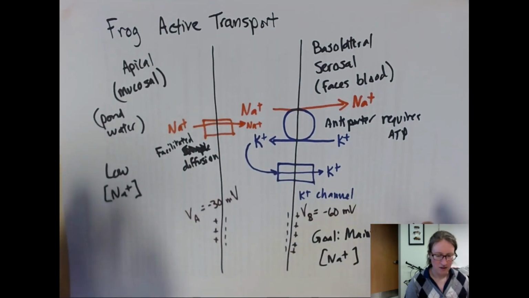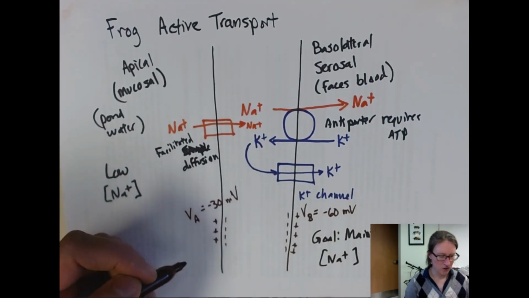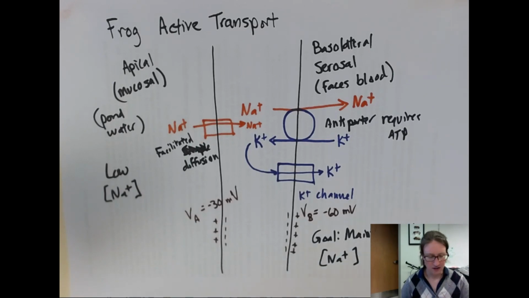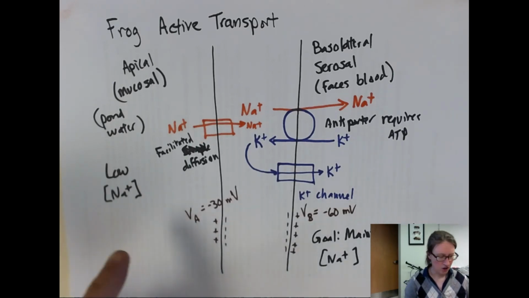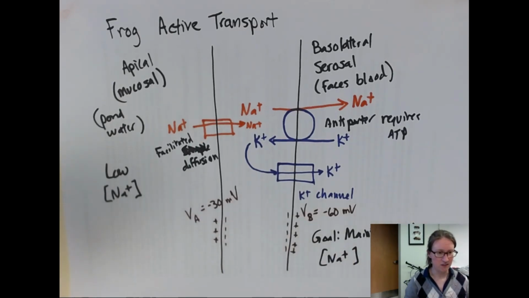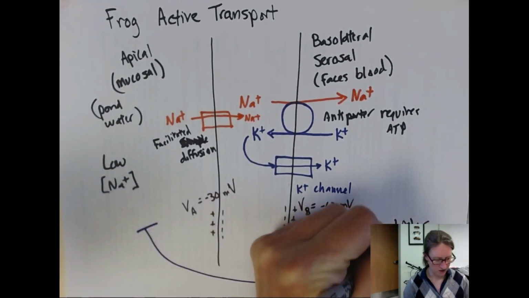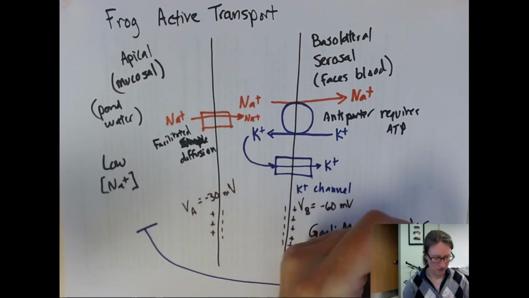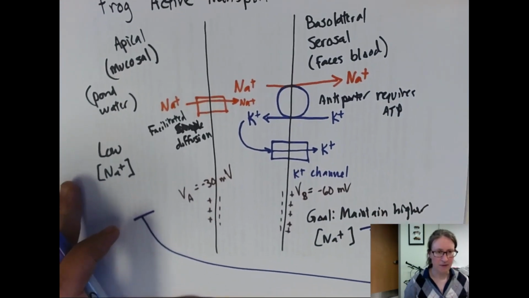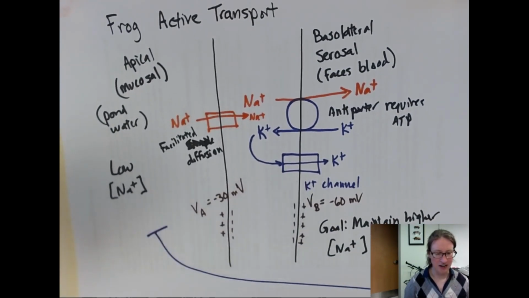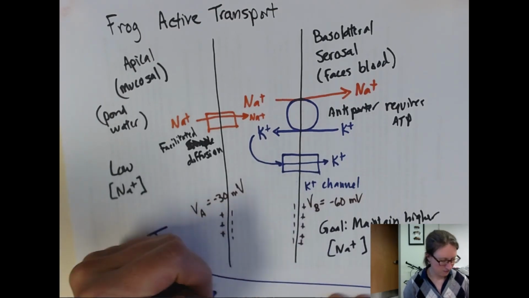And so then if we're trying to measure the voltage on either side of this, let's say we're just going to draw a little voltmeter here, okay? And so this is going to be the transepithelial potential difference.